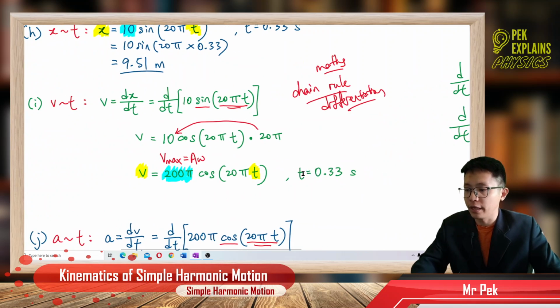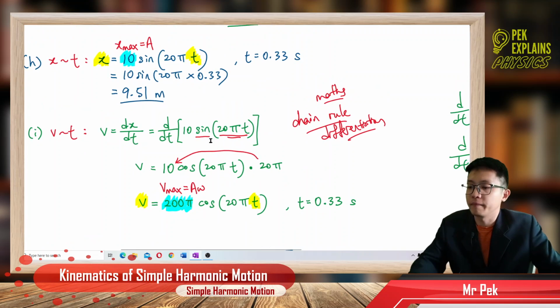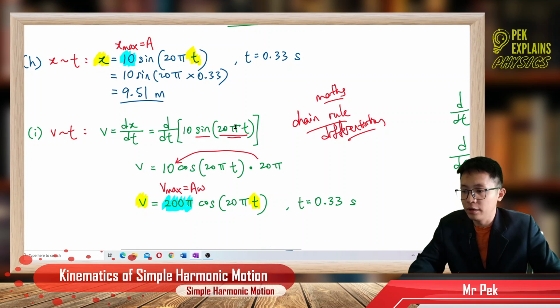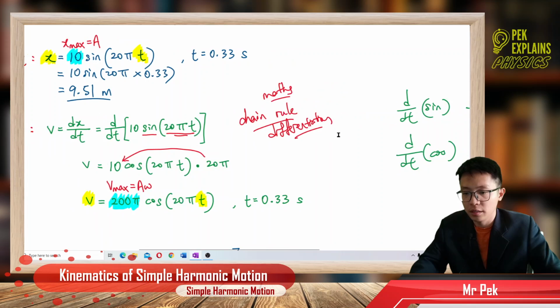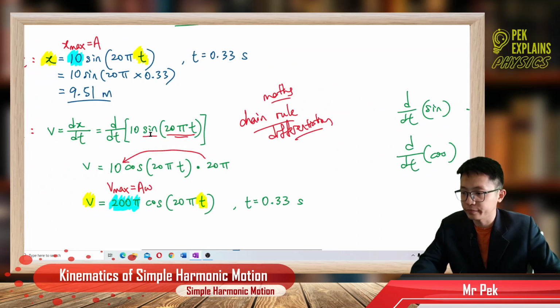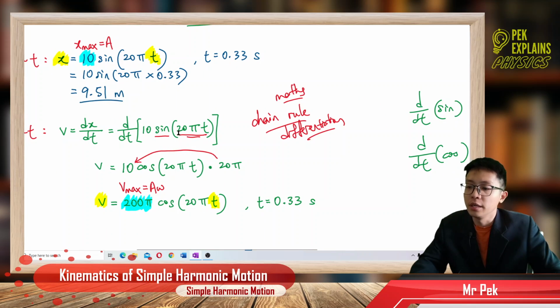Now look at this. Again, differentiate outside, then we differentiate inside. This is called the chain rule. Differentiate outside: differentiate 10, you get 10. Differentiate sine, get cos. 20 pi t, just copy back. Next we differentiate inside.